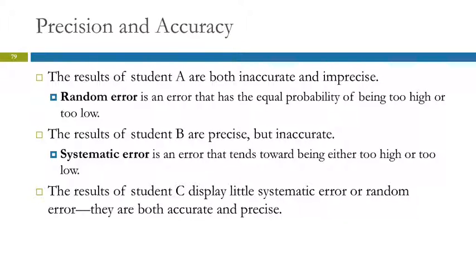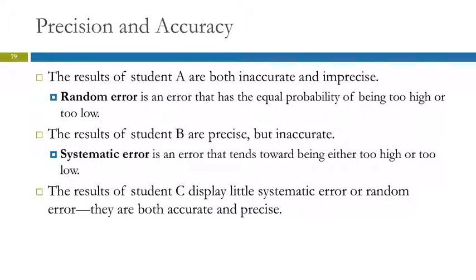So there are 2 types of error that cause our measurements to be inaccurate or imprecise. Random error is what it sounds like. It's random. Sometimes the value will be high, sometimes it will be low, and the probability of it being high or low is equal.